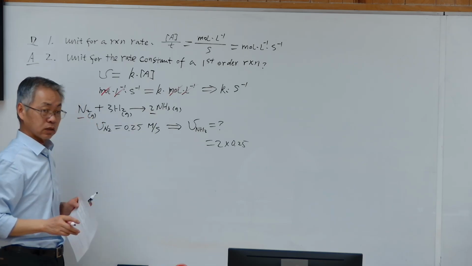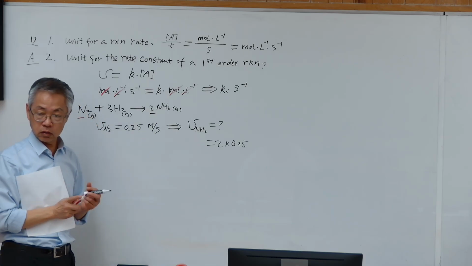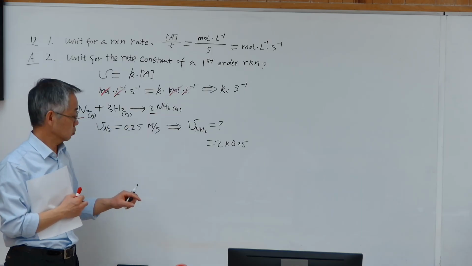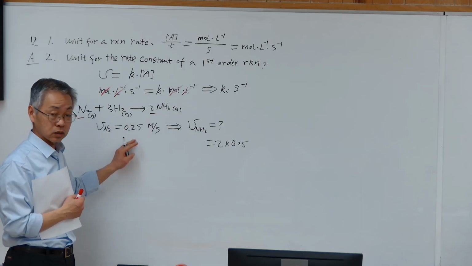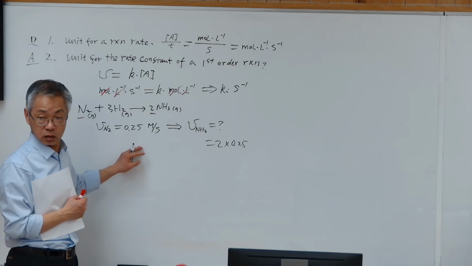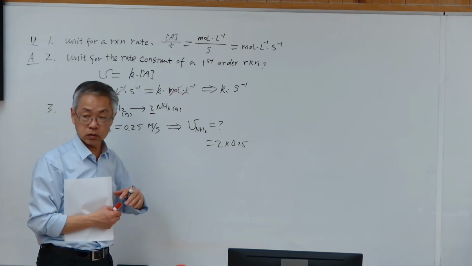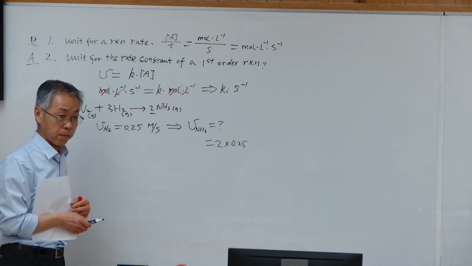If the nitrogen rate is 0.25, the ammonia rate will be 2 times 0.25, which is 0.5.